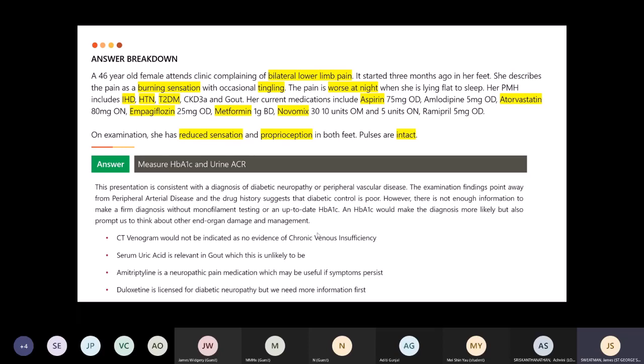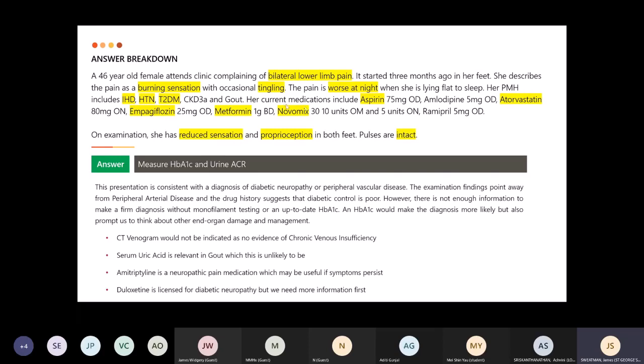This could be diabetic neuropathy. This could be peripheral neuropathy of any other cause, so B12 deficiency. This could be vascular, so it could be arterial disease, it could be chronic venous insufficiency, all sorts of things, right? Could be nerve root compression, so it could be sciatica. We know she's a diabetic, right?